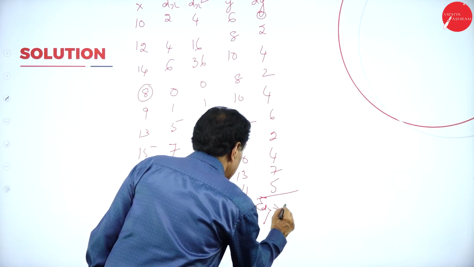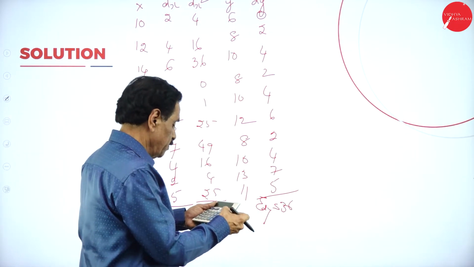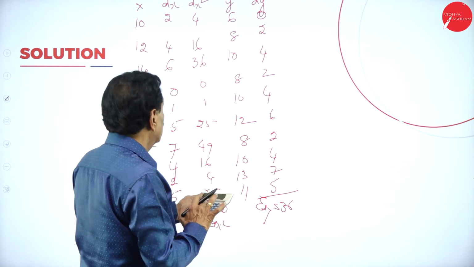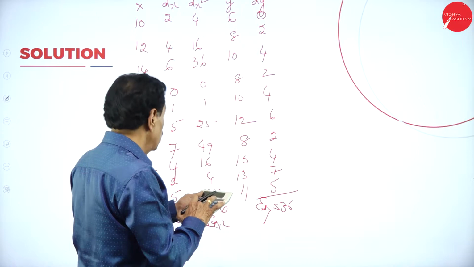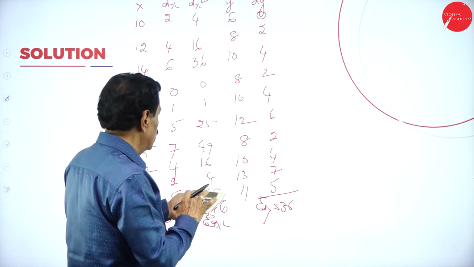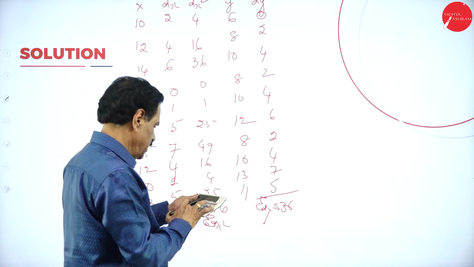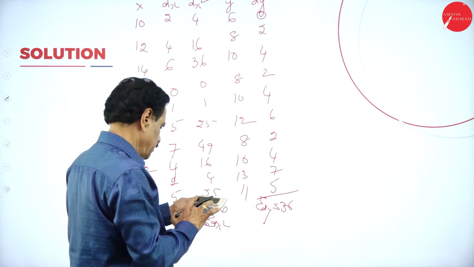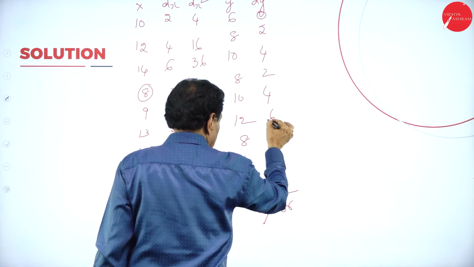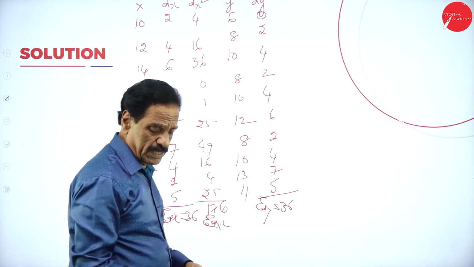Sigma dy is 36. Let's apply: 2 plus 4 plus 2 plus 6 plus 2 plus 4 plus 7 plus 5. 2 plus 4 is 6, 8, 12, 18, 20, 24, 31, 36.